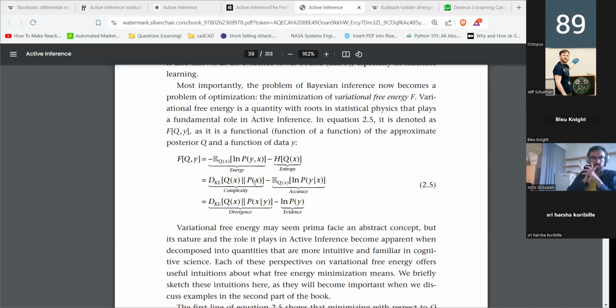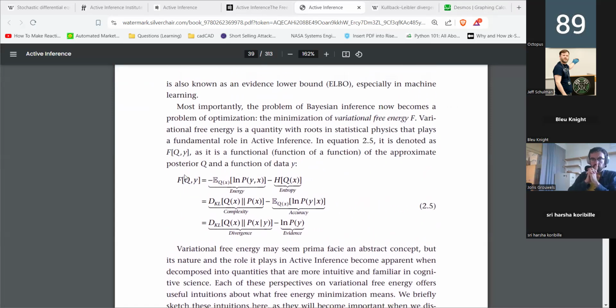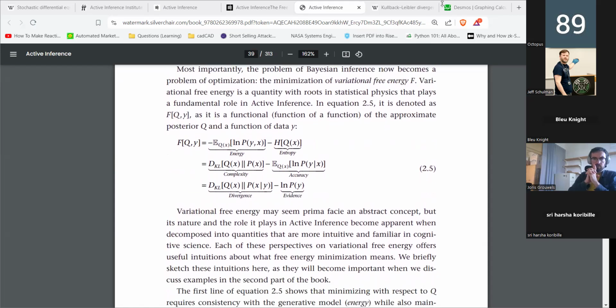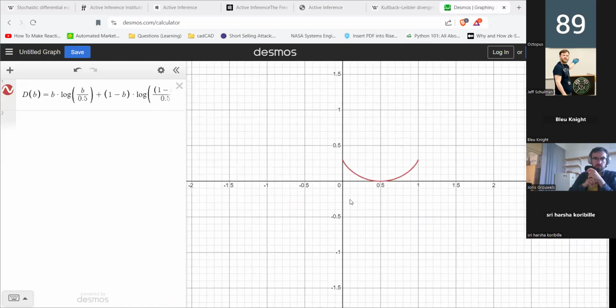The accuracy depends on data Y. And for me, I feel like, okay, if I did this and I looked at this and I now know that this quantity looks like this for 2 coins, I can understand intuitively that if I have a biased coin, but I think it's fair, the complexity gets higher and higher as the coin moves further and further away, and I can kind of see the shape of how that happens. And so that's something that's helpful to me.